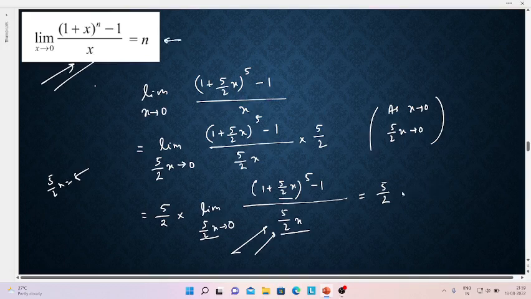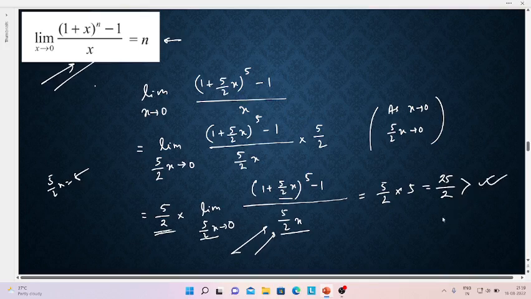So that will be 5 by 2, which is actually there, times that part, which is 5. So 5 times 5 upon 2 is nothing but 25 upon 2. So the value of this particular limit is actually 25 upon 2, right?